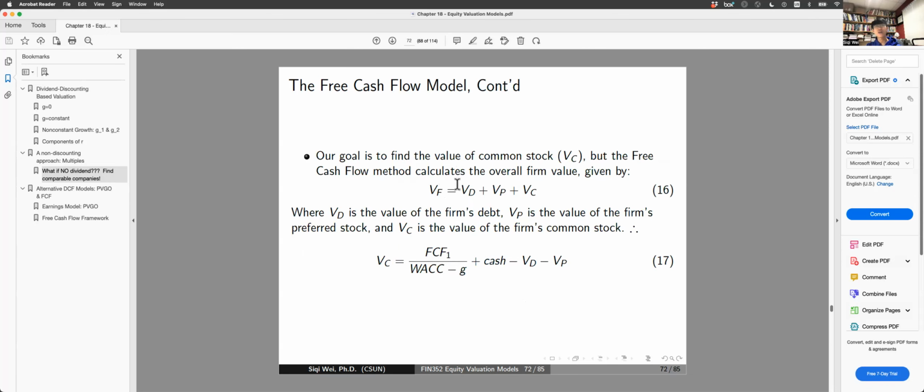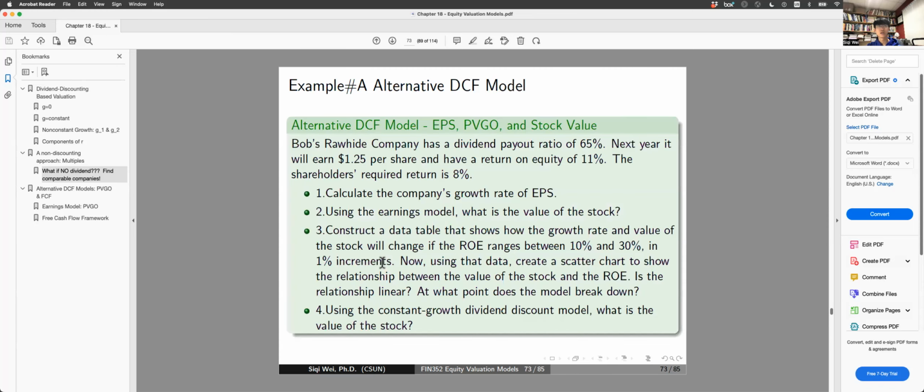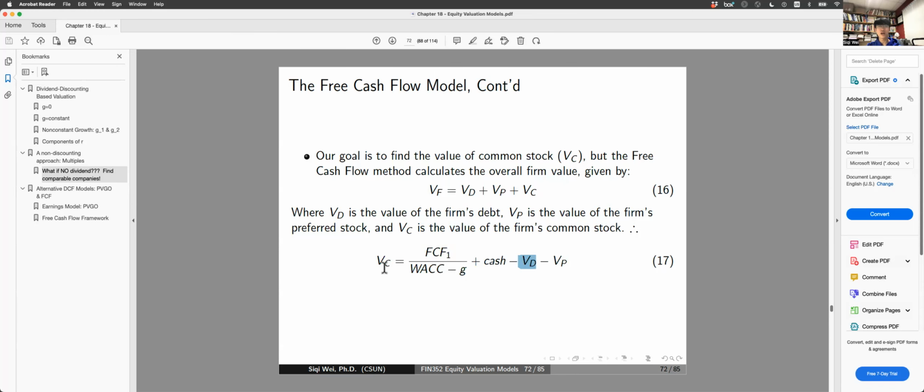When you get the firm value, the rest of the job is fairly easy. Firm value minus the debt value gives you the equity value, the value of the common equity. When you have the value of the common equity, and you scale it by the number of shares outstanding, that gives you the stock price.